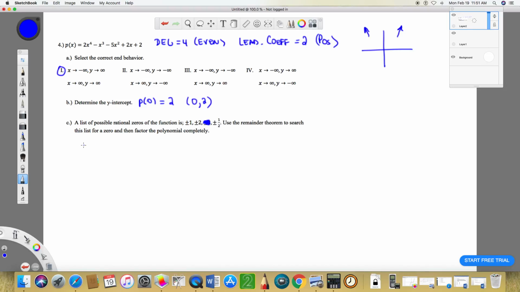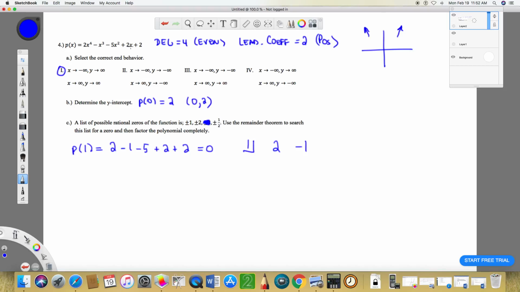So let's just look and see if we can find a 0 by plugging in 1. Let's see, we've got 2 minus 1 minus 5 plus 2 plus 2. And hey, that's a 0 because it adds up to 0. So let's go ahead and do synthetic division.